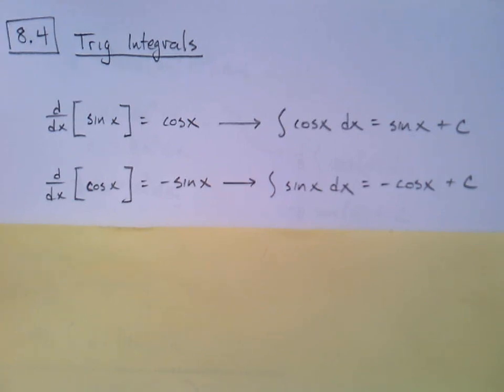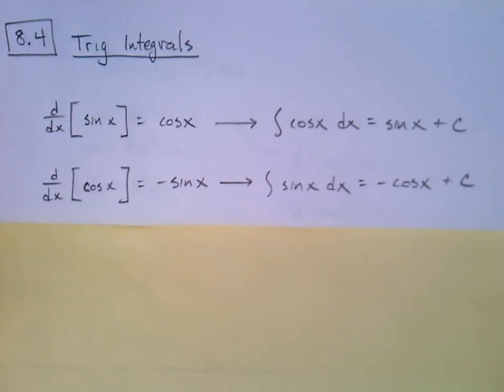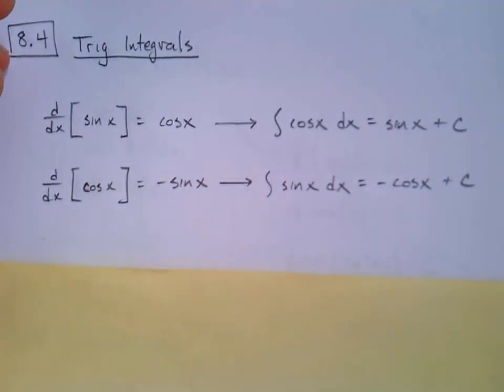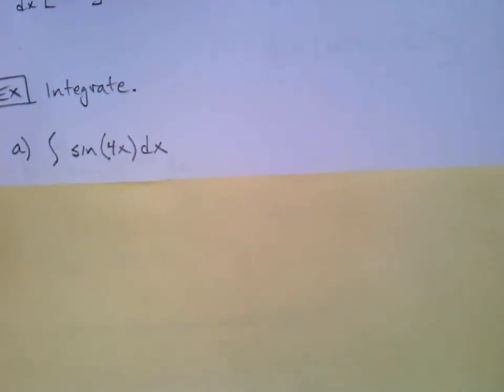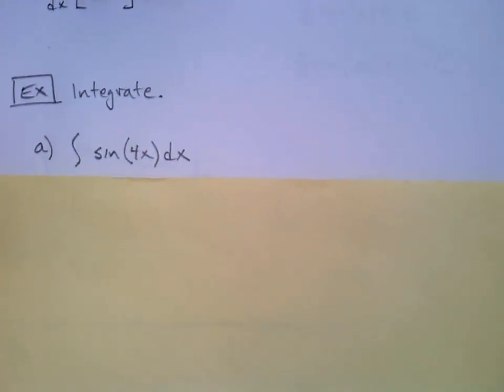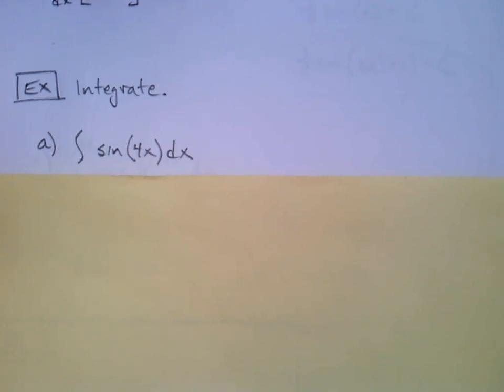So what are problems going to look like? Well, we'll have definite and indefinite integrals, mostly indefinite integrals, just working on the antiderivatives. Pretty much everything we're going to see is going to need a u sub, and that's just the nature of working with trig integrals. You see a lot of u substitutions.